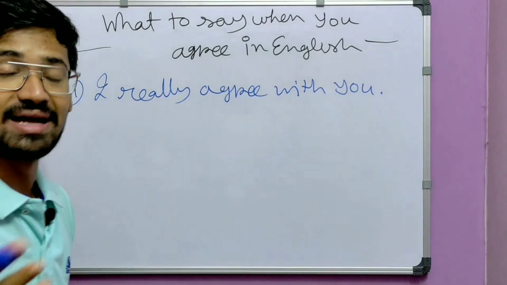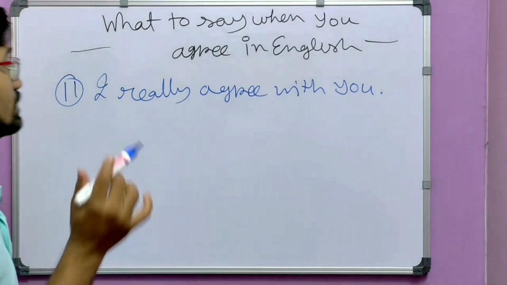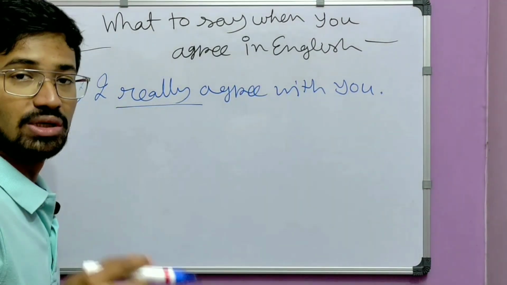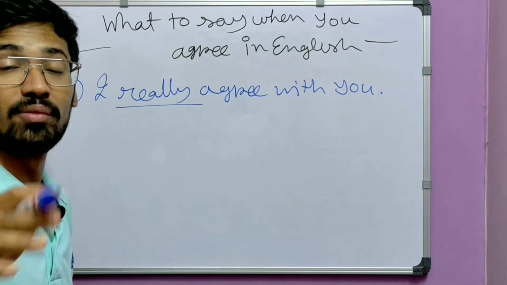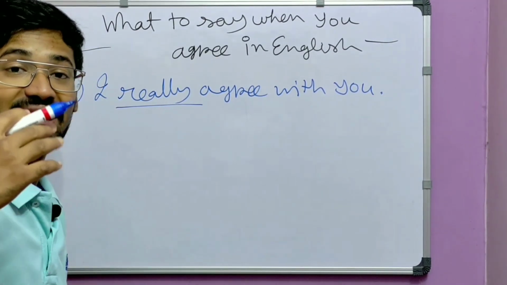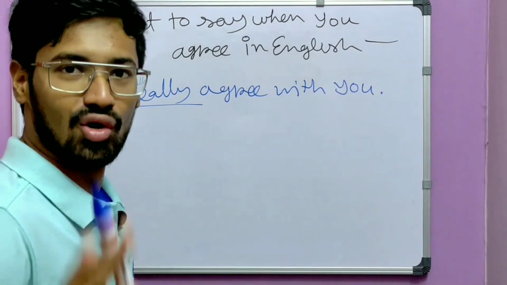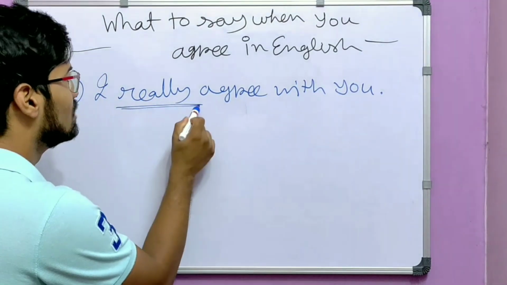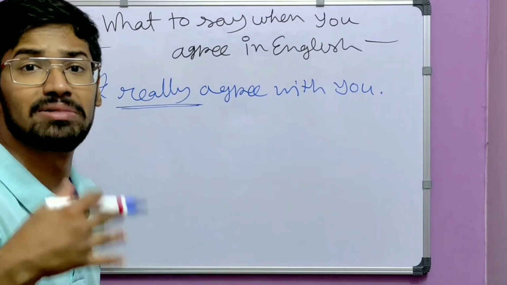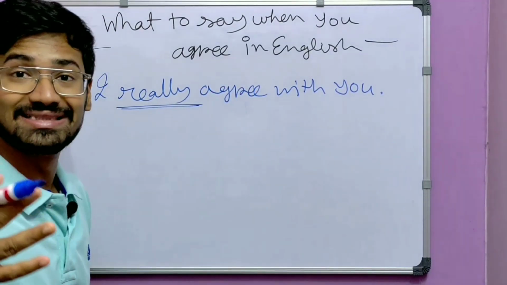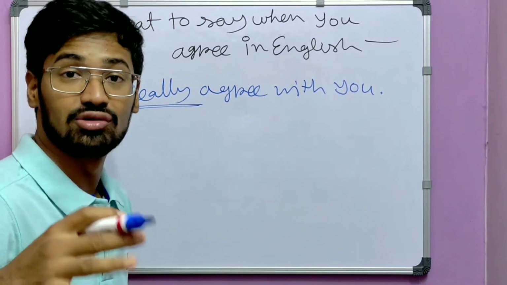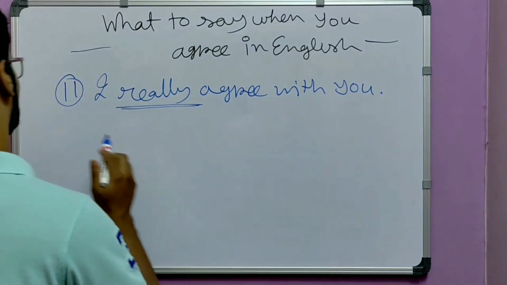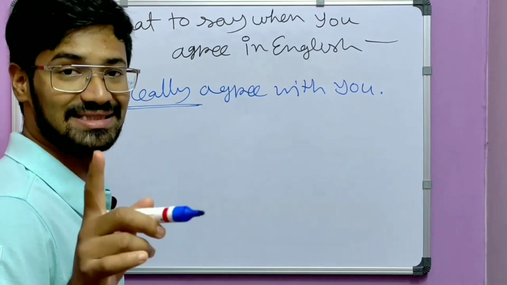Again, you can simply say I agree with you, but if you use really before agree with you, it will emphasize your way of talking in English and enhance your skill. That's why I always suggest you use simple words like strongly, really, completely to enhance your spoken English skills. Got it? That's why I always insist.